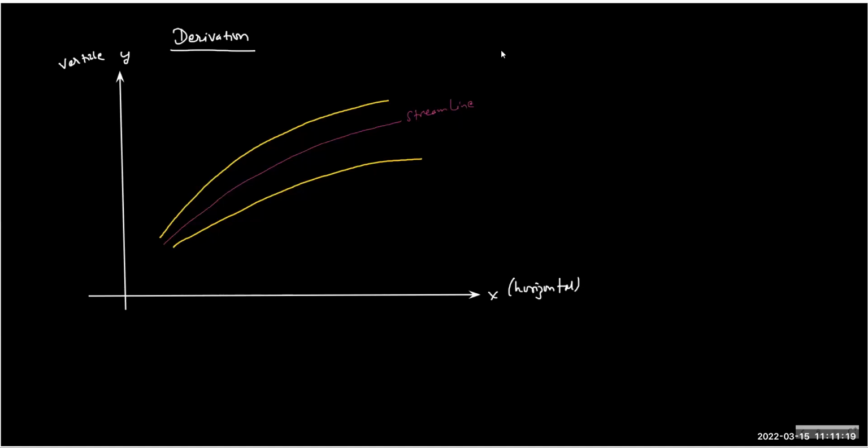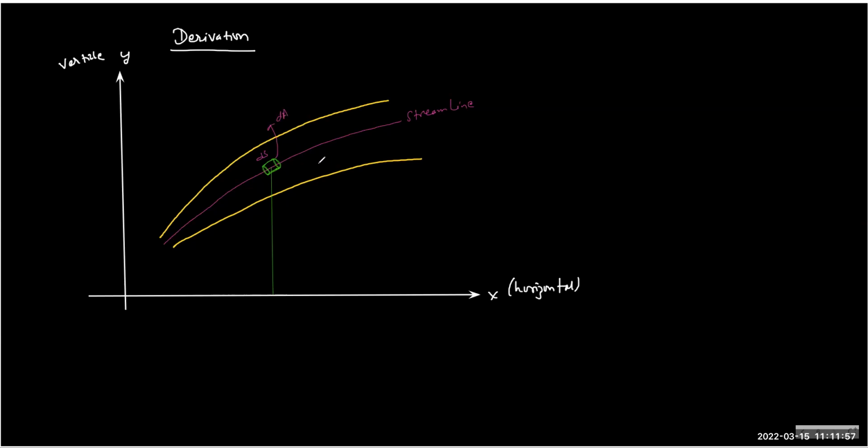So to get a sense of the liquid particle, this is a tiny cylinder, and imagine the length of this tiny cylinder is ds, and the cross-sectional area you can assume as dA.